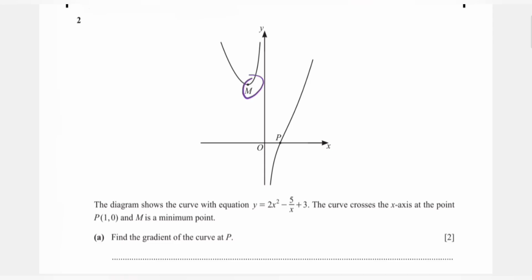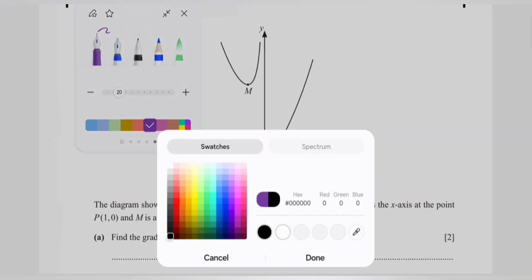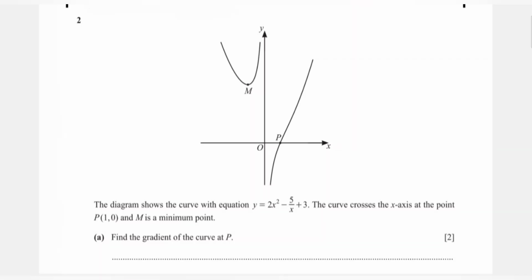You can see M here, and we're being told that it's a minimum point, right? Then for part A, it's saying find the gradient of the curve at P, right? So we are given the equation of the curve right here, but we're being asked to get the gradient of the curve at P.